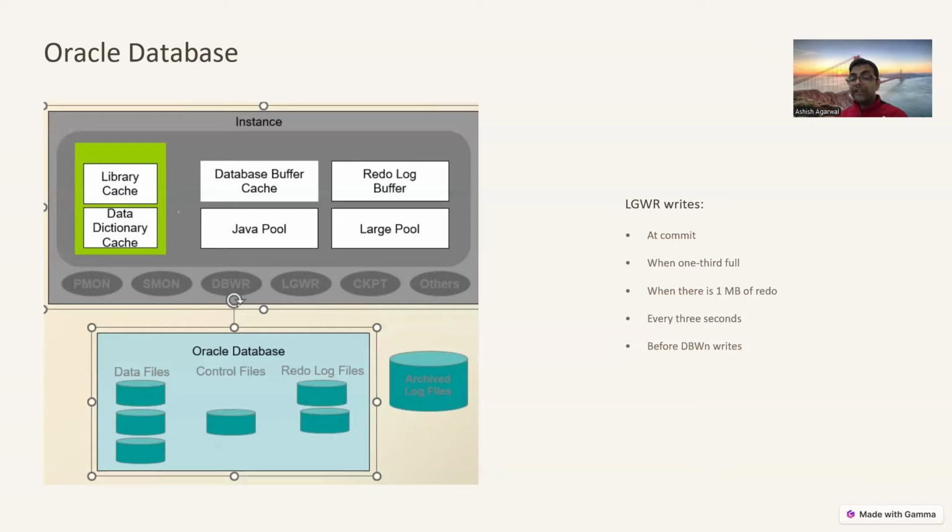Now, these redo log files or backups of redo log files, which are called archive log files, are used by Oracle GoldenGate or any change data capture tool, like the competitors of GoldenGate. All these use redo log files or backups of redo log files for capturing the changed data from the database.